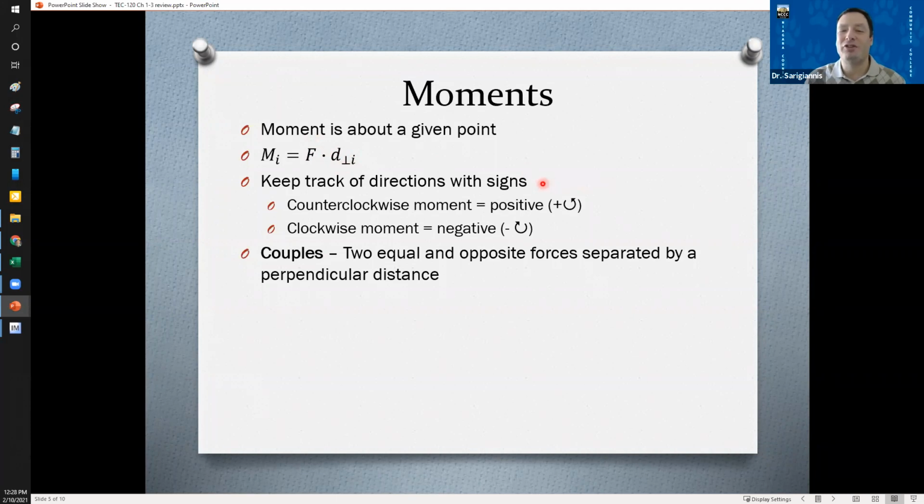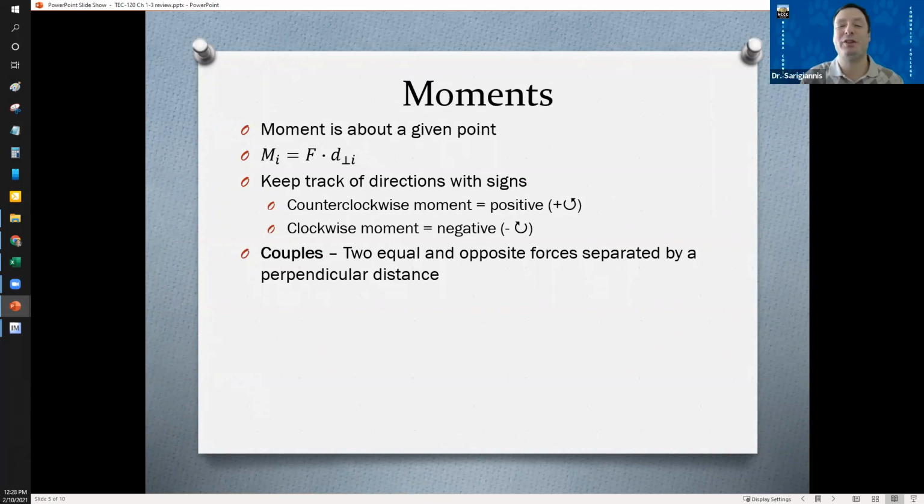Important thing about moments is to keep track of your signs, keep track of your directions, right? Counterclockwise is positive. That's the notation we use. And clockwise is negative. So those are the sign conventions. I mean, you could use the opposite sign convention and get the correct answer as long as you do the bookkeeping, right?